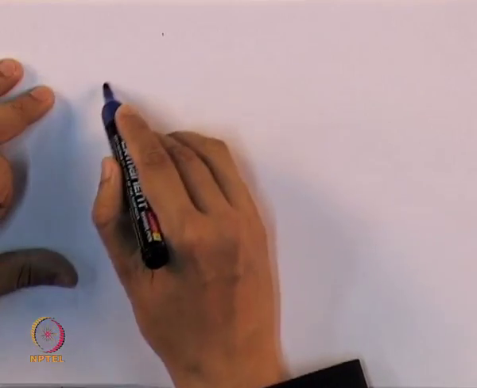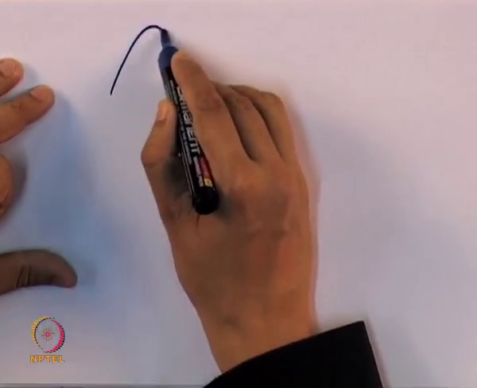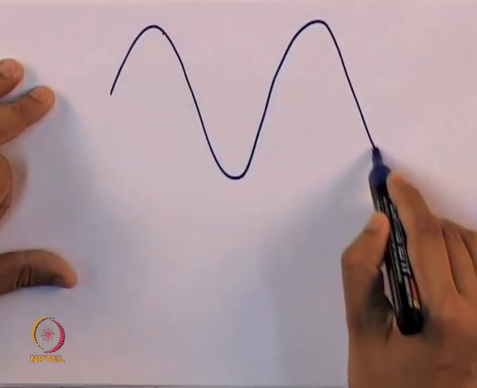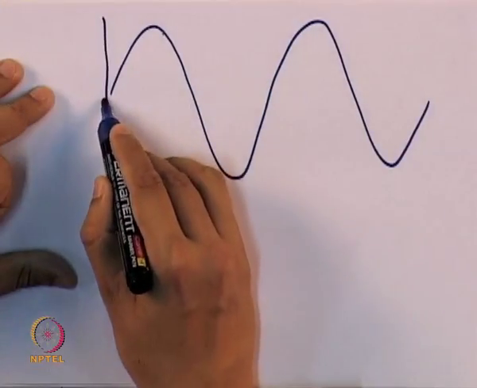To understand this, let us see how a normal analog signal looks. Now, ideally, we want a very clean signal like this.